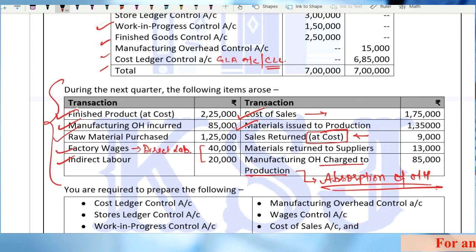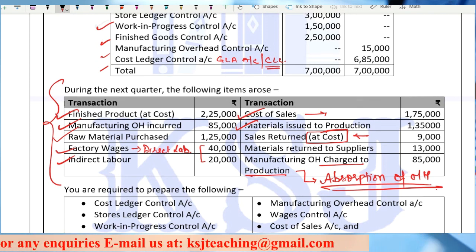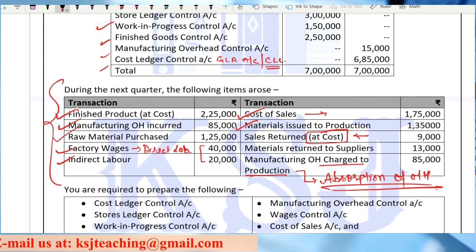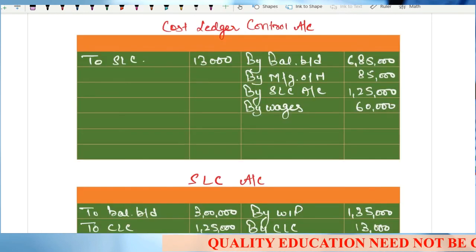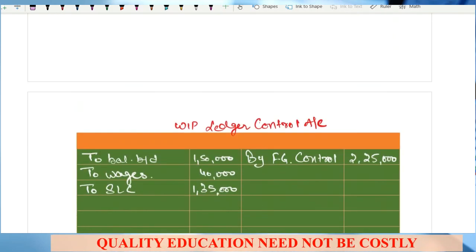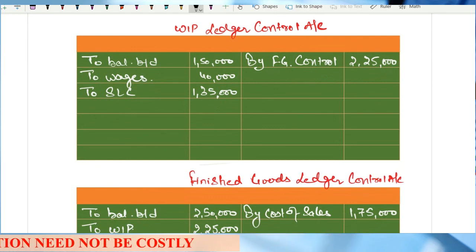So if you are absorbing it, that means my production overheads account will reduce, my WIP value will increase. Right? So the entry will be WIP account debit to what? WIP to manufacturing overheads control account. Right? How much? 85,000.